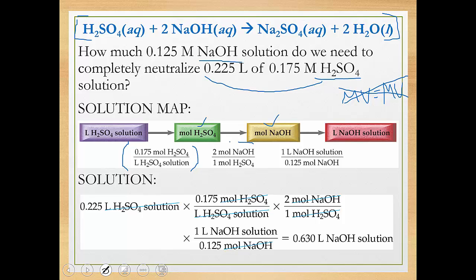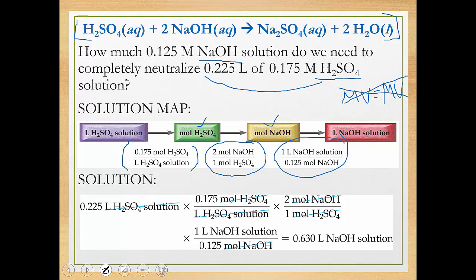Now, if I want to compare moles of sulfuric acid to moles of sodium hydroxide, I have to go back to my balanced equation and use my stoichiometry. There are 2 moles of sodium hydroxide for every 1 mole of sulfuric acid. That step is why using dilution won't work: it is not 1-to-1, it's 2-to-1, and I have to put that relationship in. Once I have the number of moles of sodium hydroxide, I can use the molarity of the sodium hydroxide, moles per liter, to get from moles to the volume that I need.